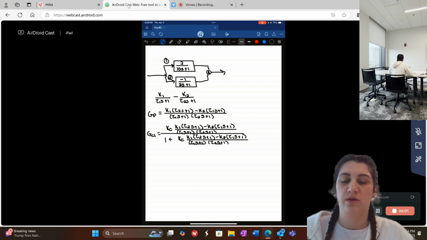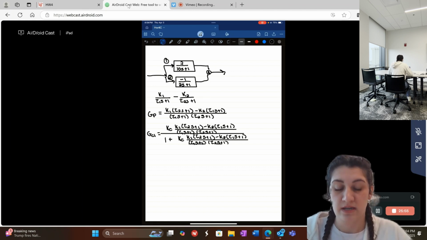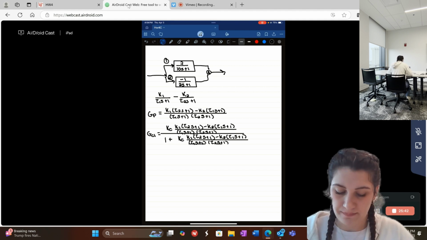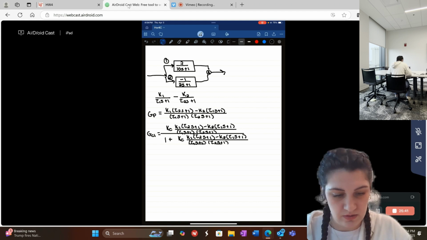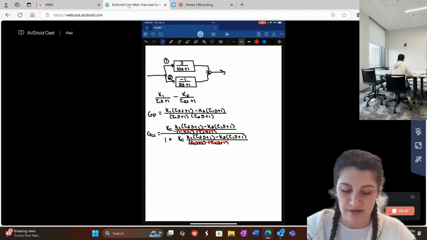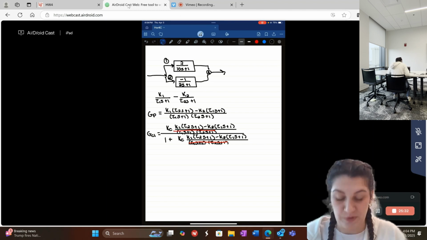So now, to use our stability analysis, what we really want to look at is the polynomial in the denominator of this function. So to do that, we are going to take it out of fraction form and just expand the whole thing. We could realize that these two denominators would cancel out, and then just expand this into common denominators.